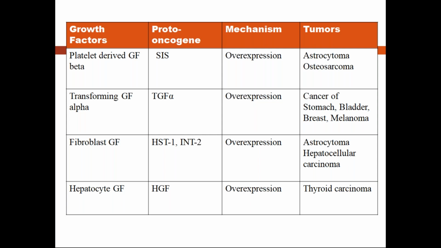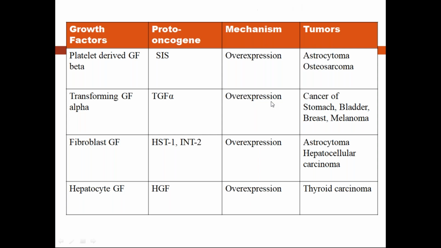You can just say that one allele of the proto-oncogene is mutated, and the mutated version of the proto-oncogene is called an oncogene, and alteration in that oncogene leads to the overexpression of the proteins in those 5 types.